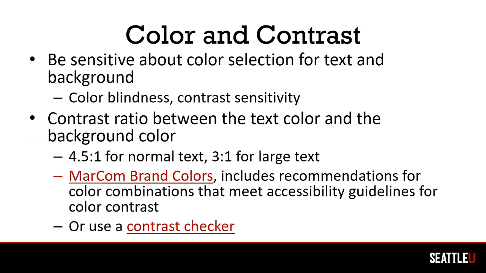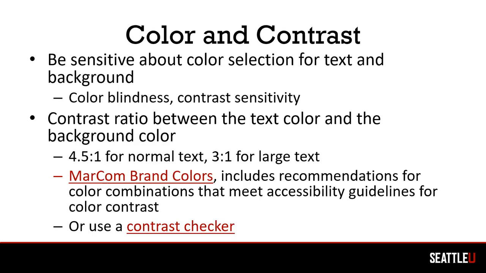So what does that mean? You just need to be able to easily see the text color against the background color. Now, I've got a couple of resources here. On the Marcom website, on the brand colors page, we have a section with recommendations for color combinations that meet accessibility guidelines for color contrast. It will tell you the hex codes for those colors and which background and text color combinations meet those accessibility requirements.